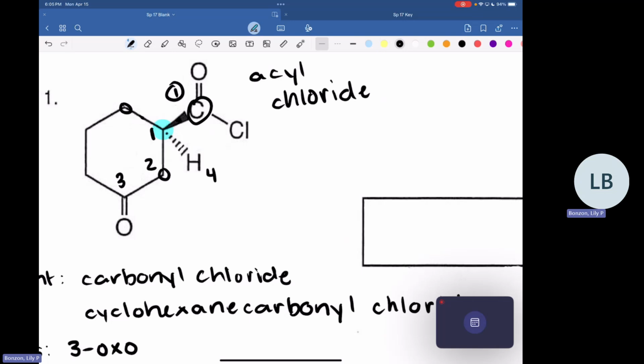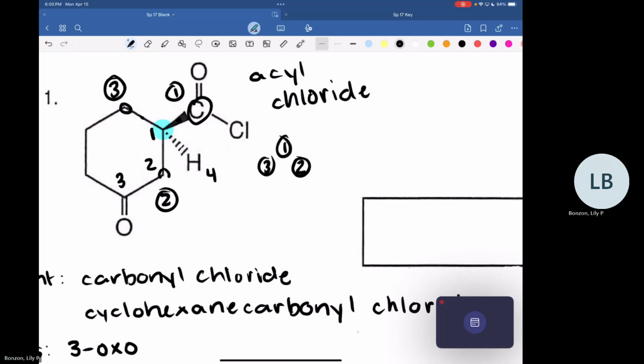Comparing the other two carbons here and here, they're both CH2s, so we're going to have to move on to the next carbon. If we move here and here, we see that this one down here has an oxygen attached to it. So this side is going to be our next highest priority. So this will be 2, this will be 3. So we've got 1, 2, 3.